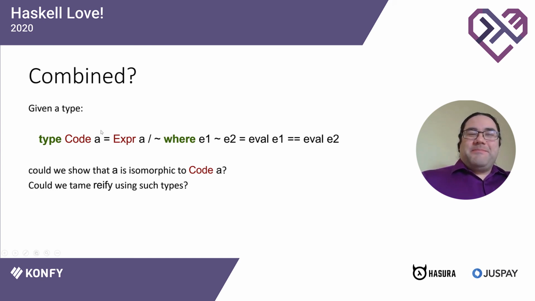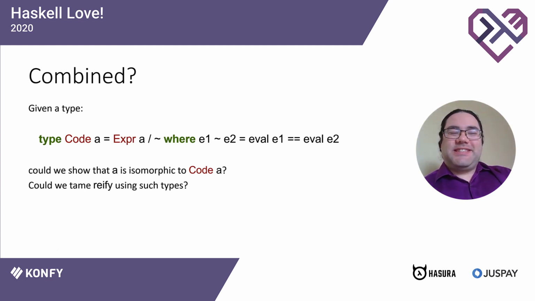So the probably most interesting idea is having a type like this, where we have a type Code A that's expressions of type A, but then we quotient by two expressions being equivalent if they evaluate to the same thing, or really you'd want something like reflect applied to these expressions being equal.